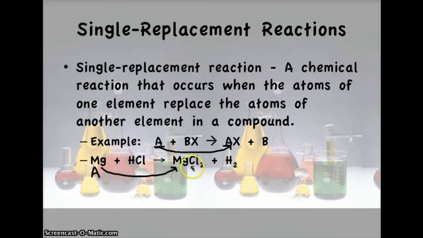It is joined with chlorine. So this chlorine is going to be our X. Hydrogen will be our B. So B starts with being bonded to something, but at the end of the equation, hydrogen is going to end up being by itself. I know it says H2, but hydrogen isn't bonded with any other type of atom, just with itself.